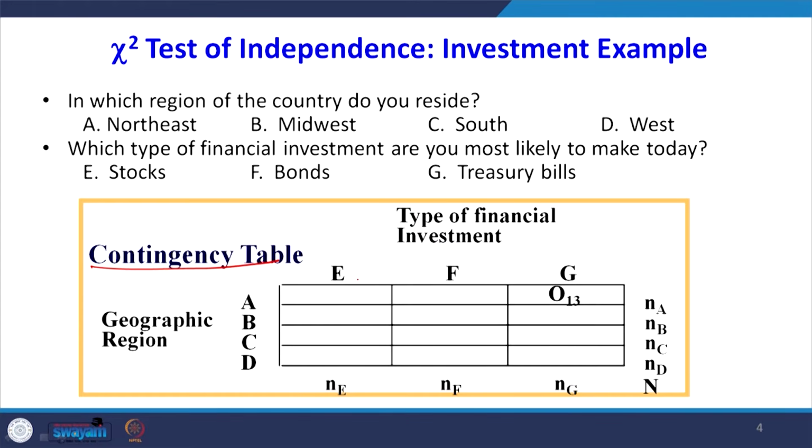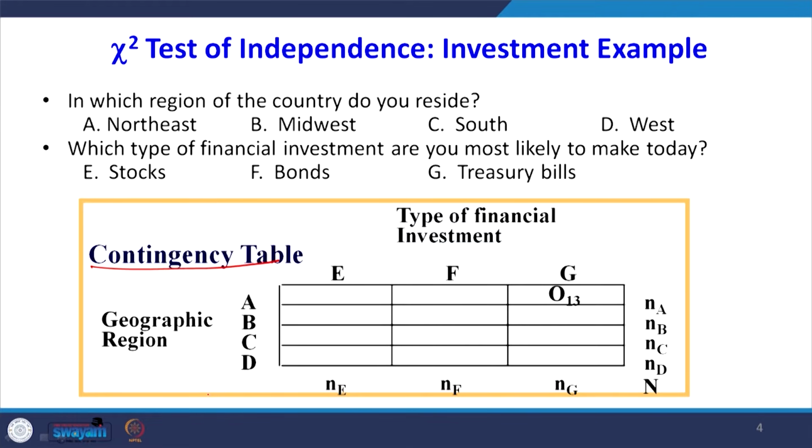So, that I have E, F, G. Suppose I wanted to test, is there any dependency between the geographic regions where they reside and the type of investment they are willing to make. So, there are 2 variables, one is geographic region, another is type of financial investment, whether these are dependent or independent. This kind of problem can be solved with the help of this chi-square test.